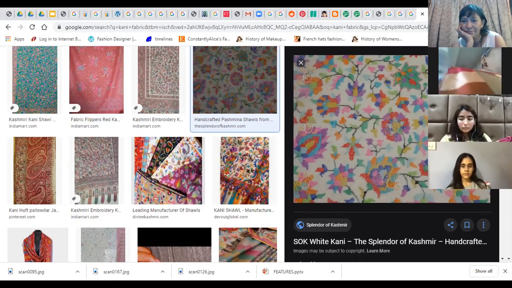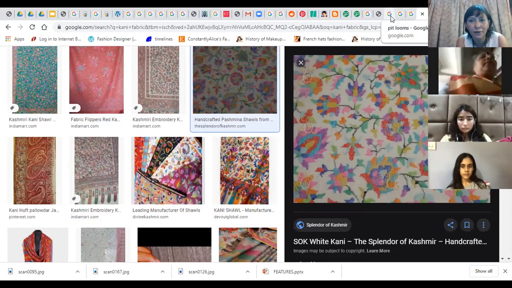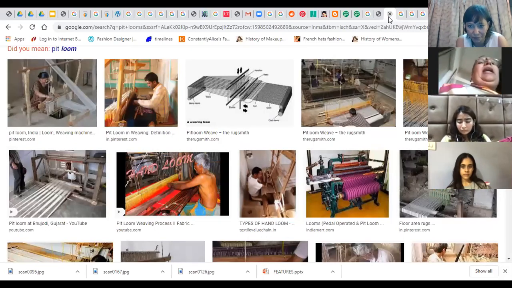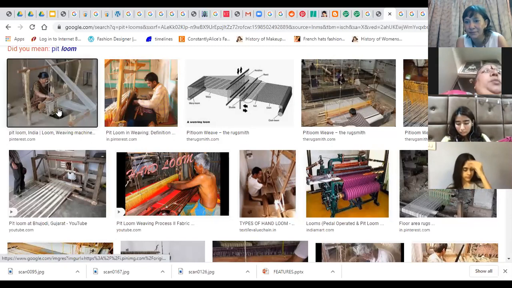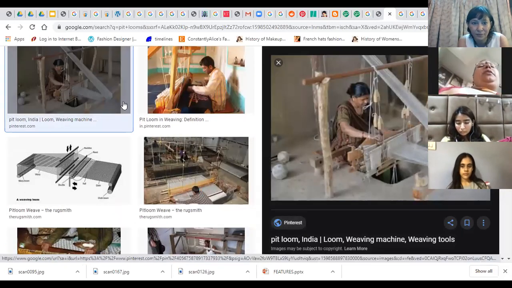Okay, so now can we go to the post-loom stage? Can we see the pictures of the looms that I've opened up? I've opened up pictures of looms to show them like we did last time. There are different kinds of looms. There are frame looms, pit looms. Can you see the lady is sitting in a pit?